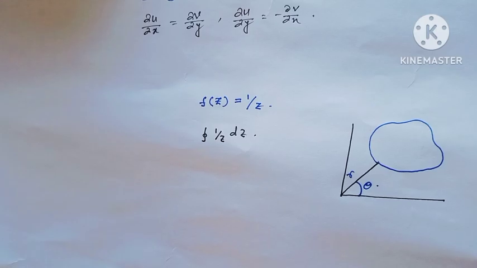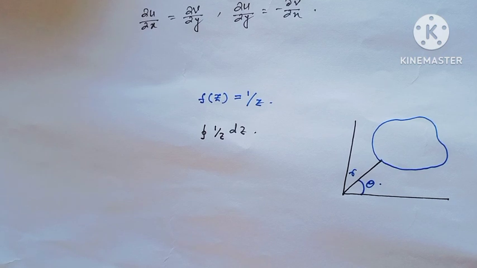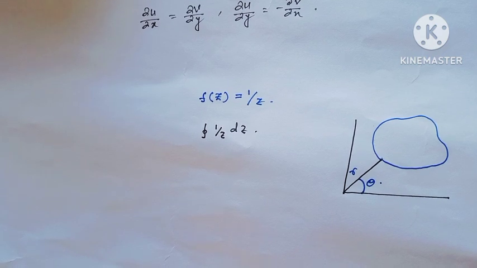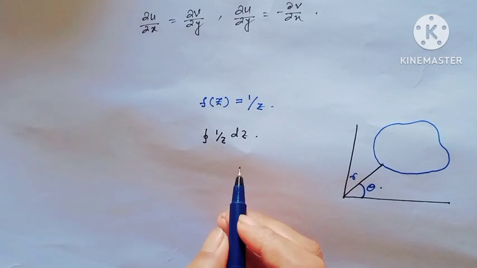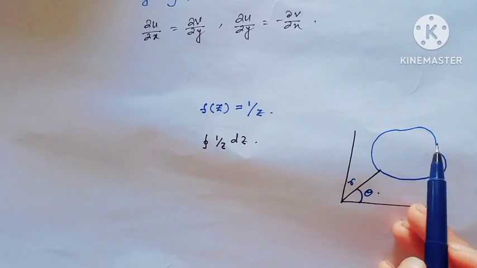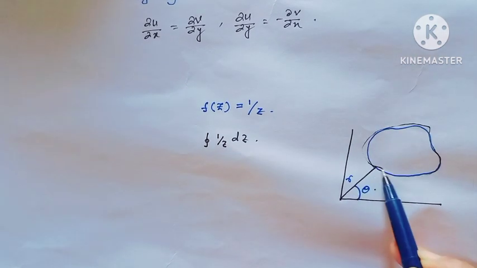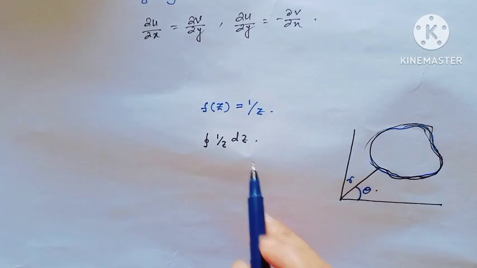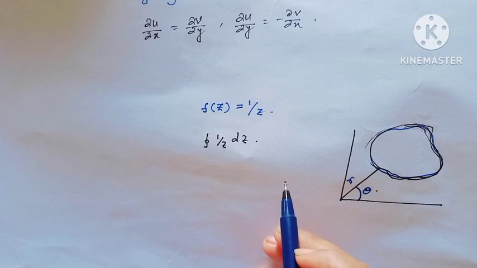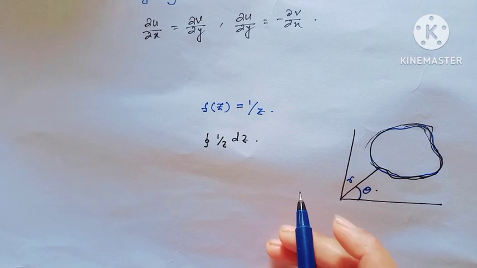As an example, consider f(z) = 1/z. Now integrate 1/z dz. Here the integration is on a closed curve, and obviously in this closed curve 1/z is analytic, so obviously this value would be 0. How?